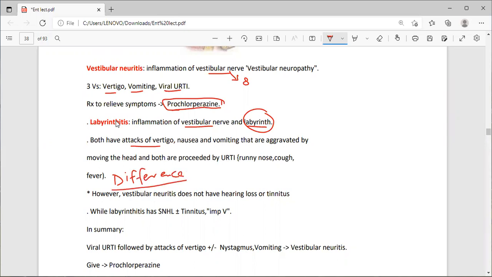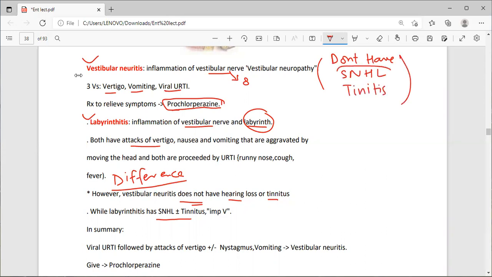How are you going to differentiate between vestibular neuritis and labyrinthitis? So vestibular neuritis does not have hearing loss or tinnitus, while labyrinthitis has sensorineural hearing loss plus tinnitus. So vestibular neuritis patients don't have sensorineural hearing loss, and they don't have tinnitus, which is ringing of the ear.